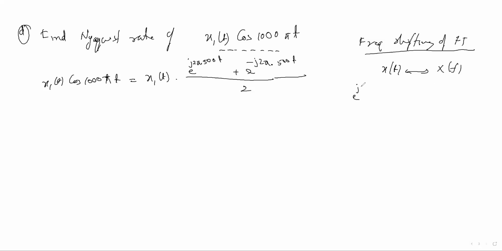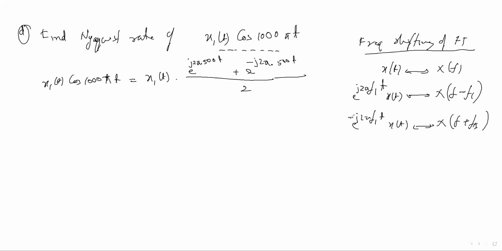If e to the power j 2 pi f1 t is multiplied with x(t), you get x of f minus f1. If e to the power minus j 2 pi f1 t is there, then you will find x of f plus f1.